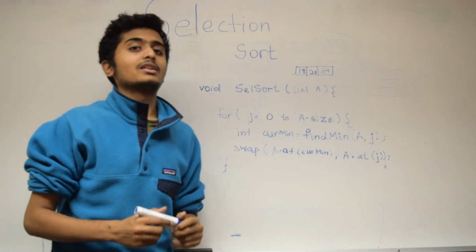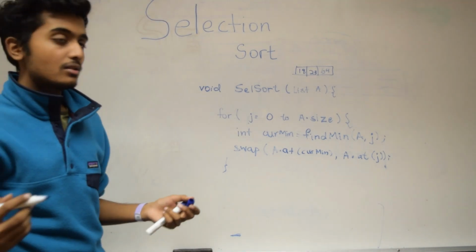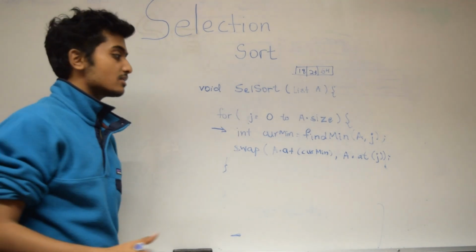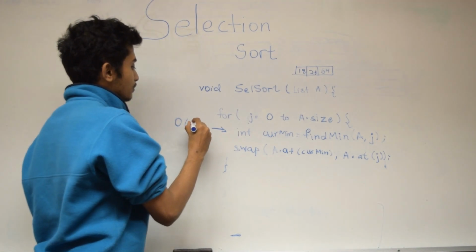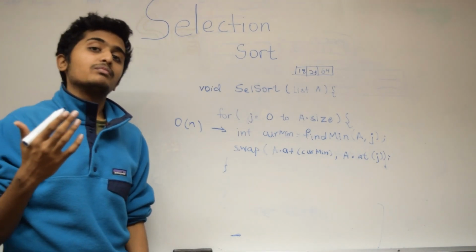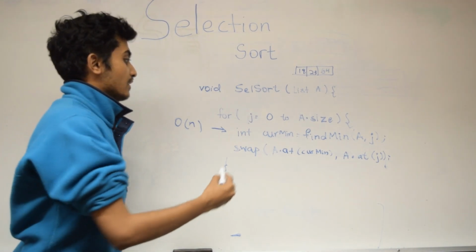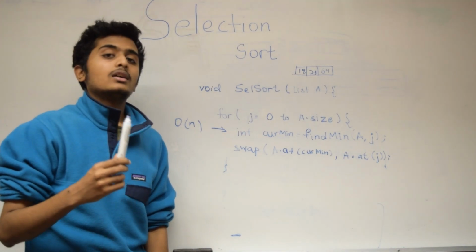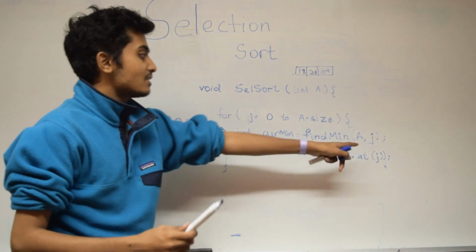This is selection sort, guys. For all of you comp sci nerds out there, since find minimum goes over the list once, it is an O of n operation. Essentially, for non-computer science majors, the amount of time that it takes for find minimum to run goes up with the size of the list.